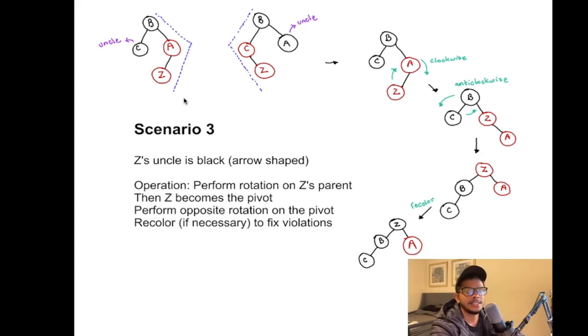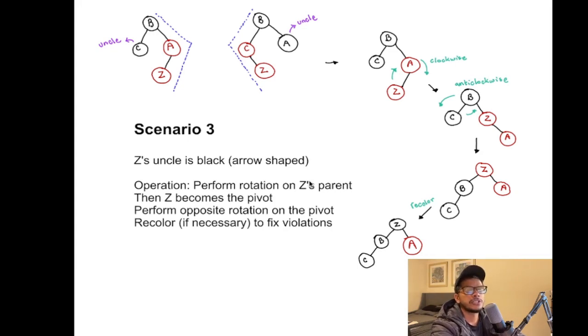In that case, we're going to follow a different set of operations that we're going to see in the final scenario. But if we are trying to insert an element Z and we realize that the uncle of Z is colored black and it also has an arrow shaped arc, then we're going to perform a couple of operations to self balance. So let's look at what those operations are.